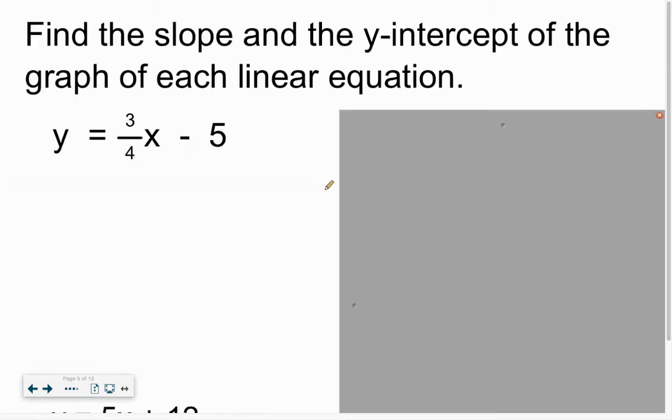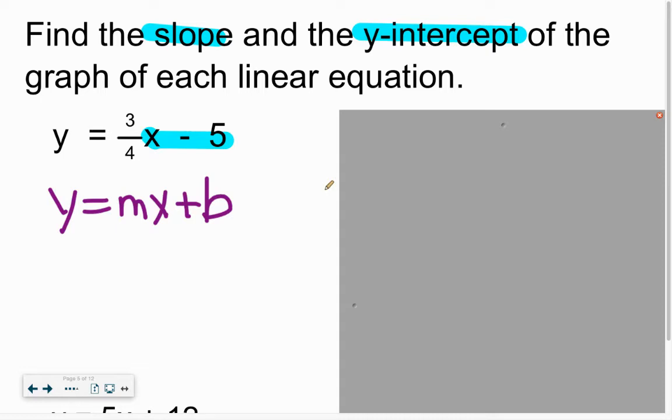An example would be here, where it says, find the slope and y-intercept of each equation. First off, is it written in our form of y equals mx plus b? In math class, we're going to switch this from subtracting to adding the opposite. IXL and others may not always do that, but we're going to switch it to adding. What is the opposite of 5?